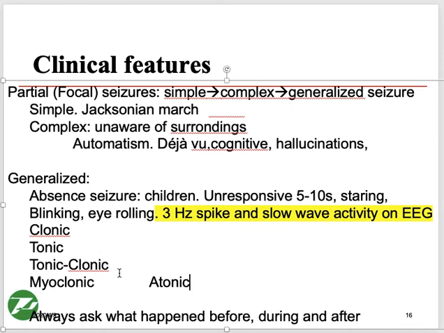Basically in that aura, they get feared, they feel really scared of a few of the things around them. And then they may have hallucinations of olfactory or gustatory type, okay. Sometimes they do have a deja vu sensation as well. So whenever we find these typical features, we say that the patient has temporal lobe epilepsy.